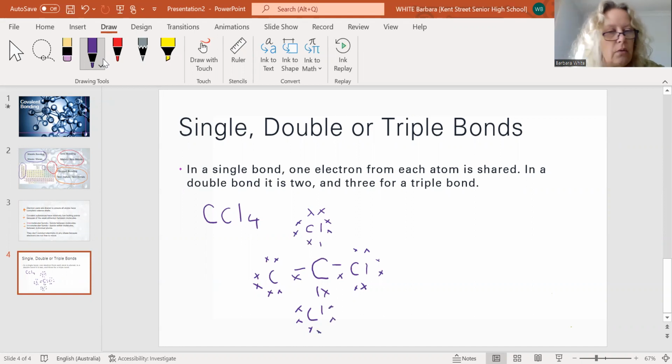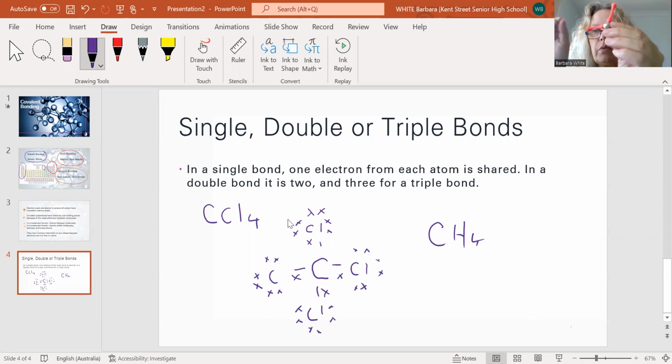Now, the only other thing I want to talk about is in your book, it goes a little bit into the shapes of molecules. There's a whole chapter on that later on, but the shape of the molecule has got a lot to do with the bonding pairs. So for methane, CH4, let me write that down. You've got your carbon there, and it's not two-dimensional.